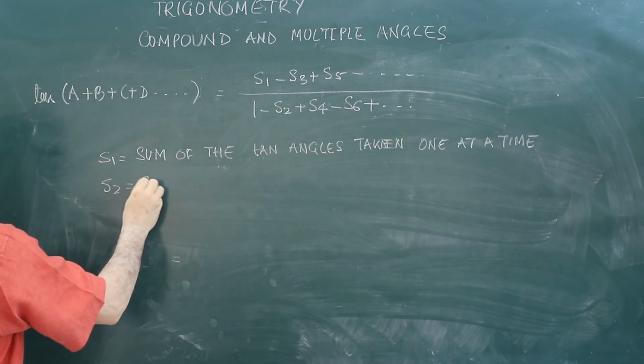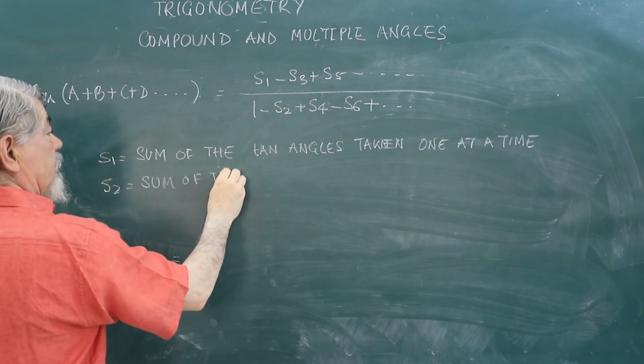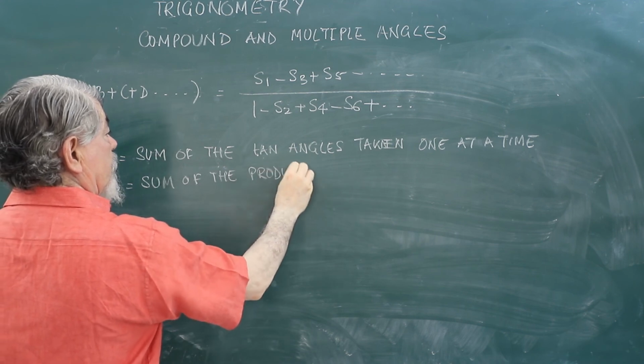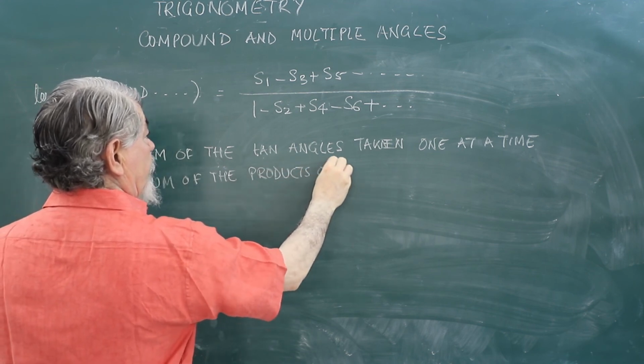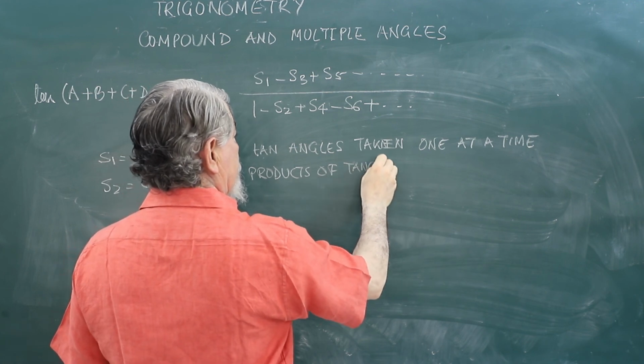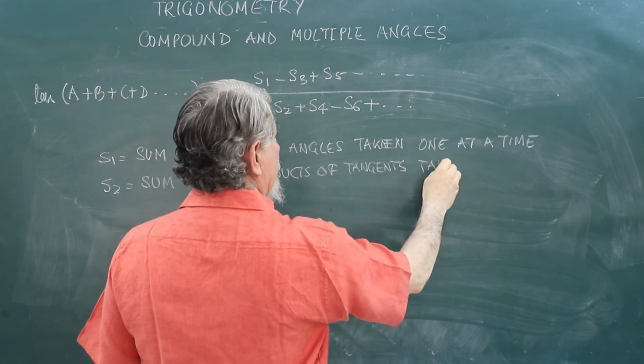S2 is the sum of the products of tangents taken two at a time.